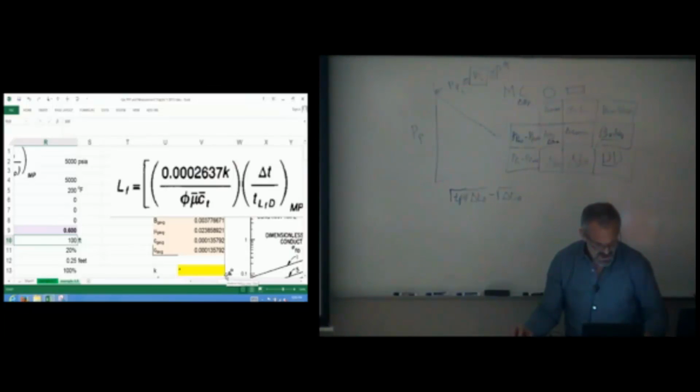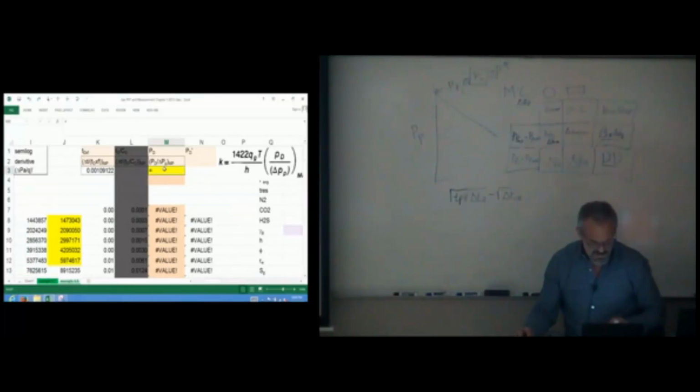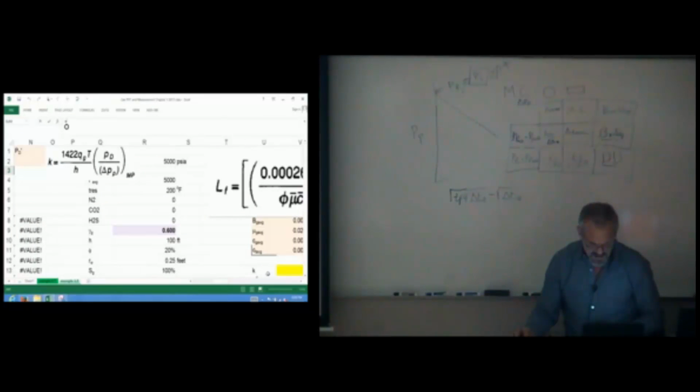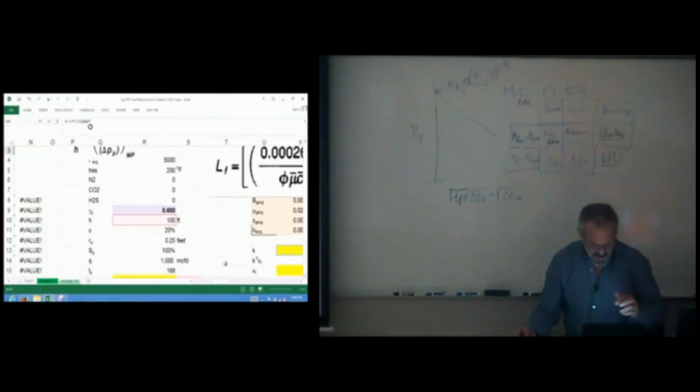I think I got a mistake here. There we go. Let's try this again. Equals K times H divided by 1422 times Q times reservoir temperature.